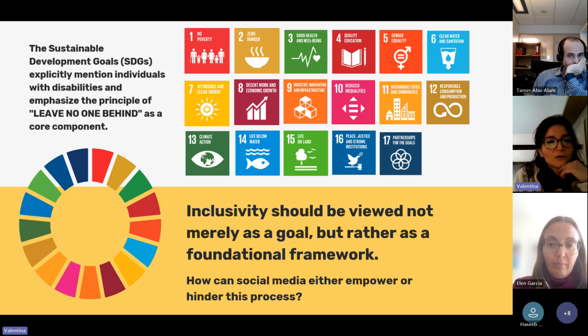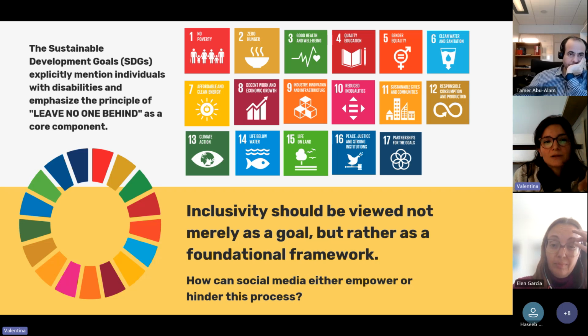Probably most of you already know about the Sustainable Development Goals, which are at the core of this project, the Inspiring the Mind project. The goal of this project is mainly related to leaving no one behind, which is the principle of the Sustainable Development Goals.